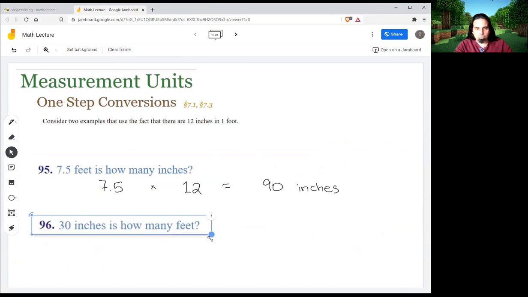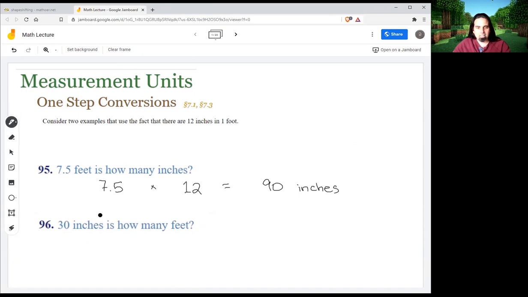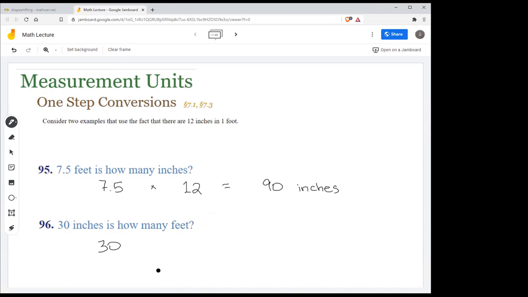It sounds the same. So unsurprisingly, if we do the other one, 30 inches is how many feet? Now am I going to multiply or divide? Divide.